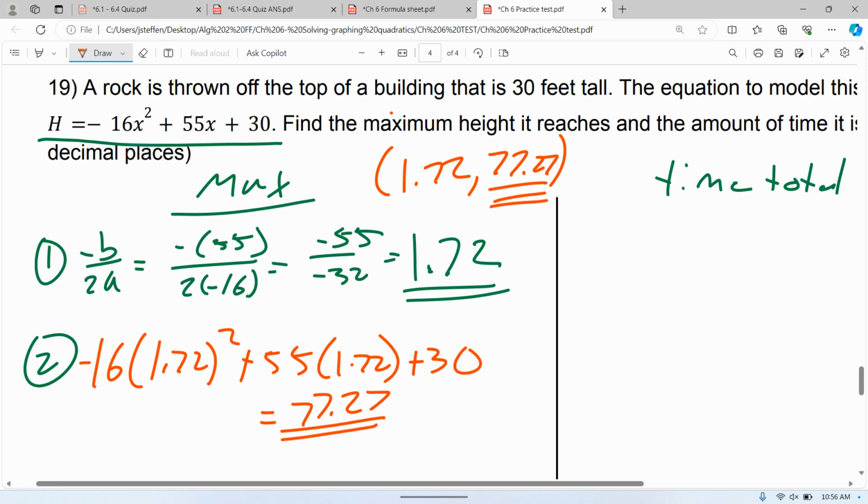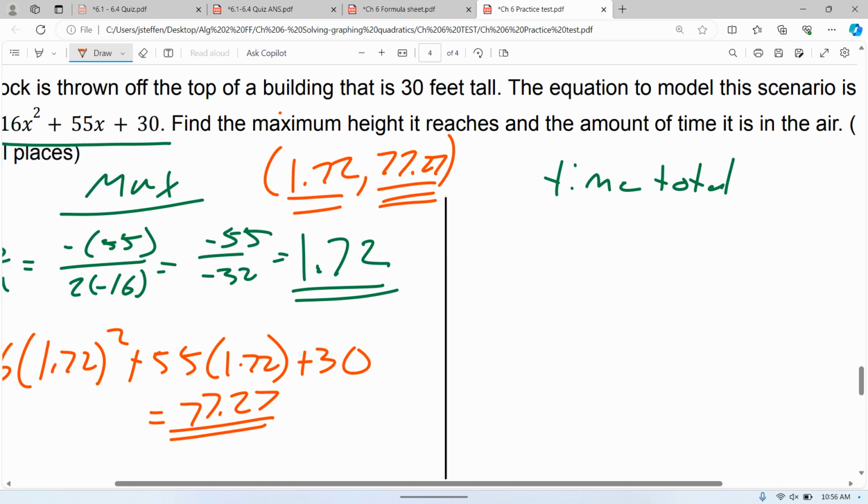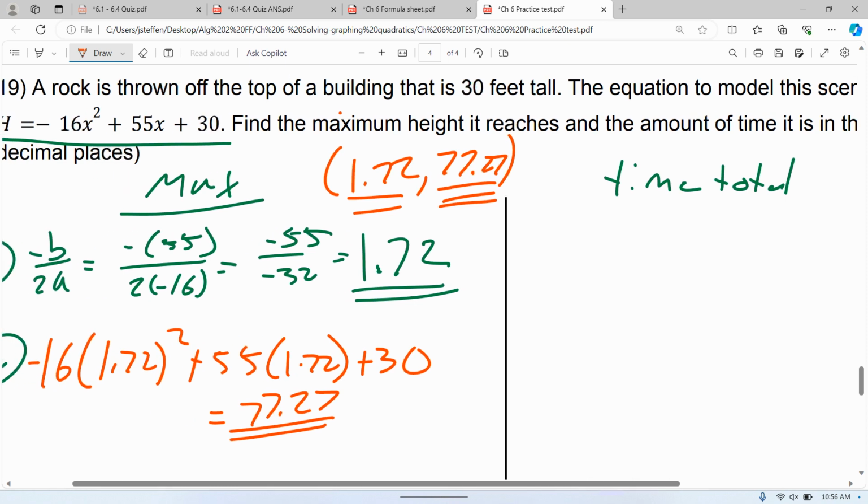This is how much time it takes, 1.7 seconds, to get to that maximum height, but they don't ask that. They ask how long it's in the air before it hits the ground. That is how you're using the quadratic formula.